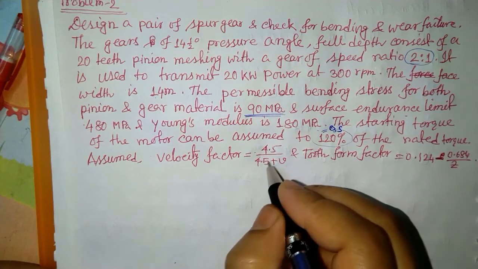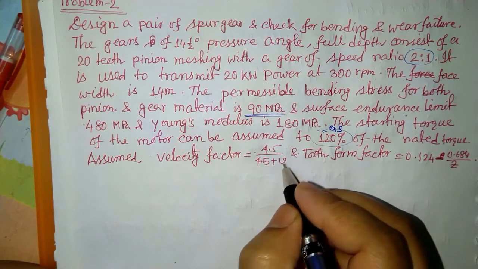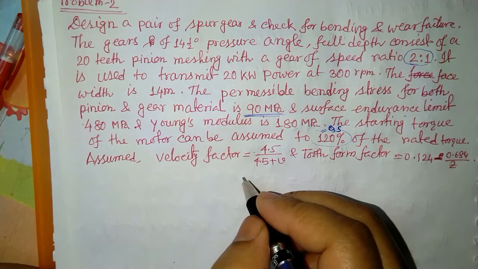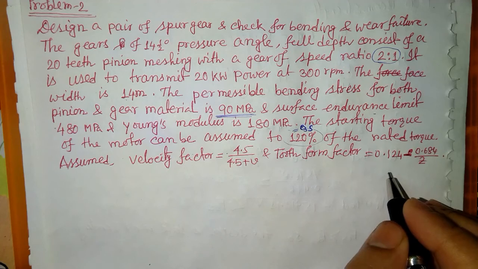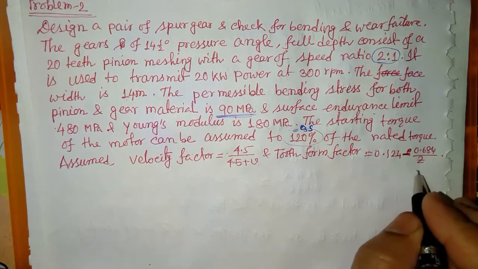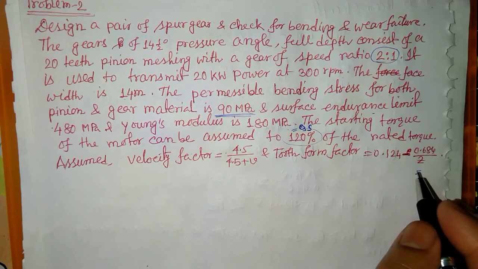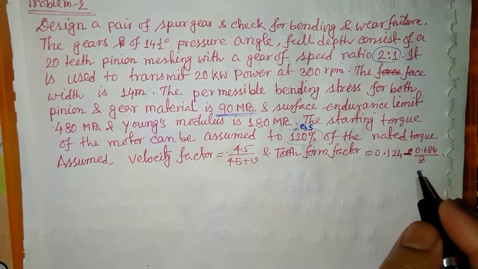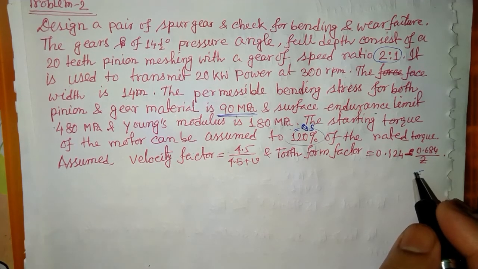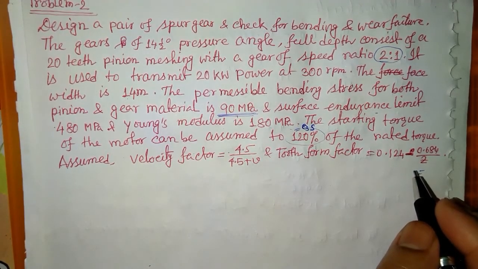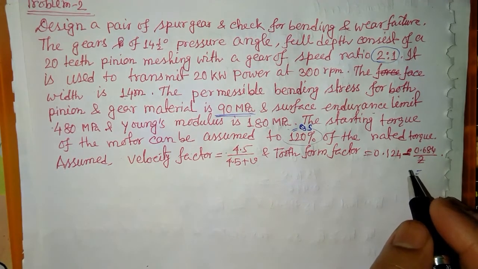Assume the velocity factor is 4.5 by 4.5 plus V, and the tooth form factor is 0.124 minus 0.684 by Z. Okay, it is a similar kind of problem to the one we have solved. So just go through it in the same manner, and in the first case if you get the module, if F of D actual is less than FW, then it's okay, otherwise you need to find another module.